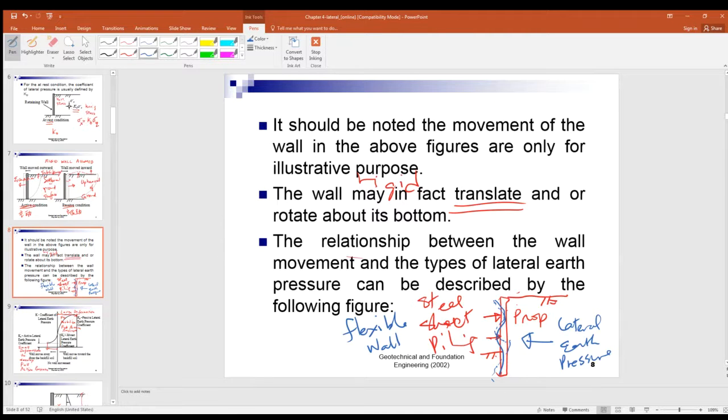That will be very complicated for the soil pressure calculation. But anyway, we will talk about some simplified approaches to solve this flexible wall problem.